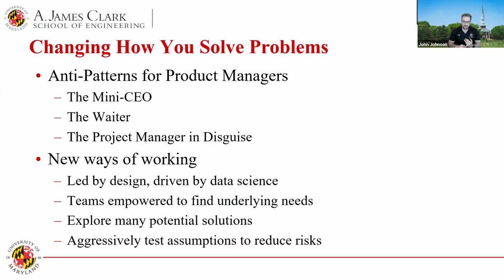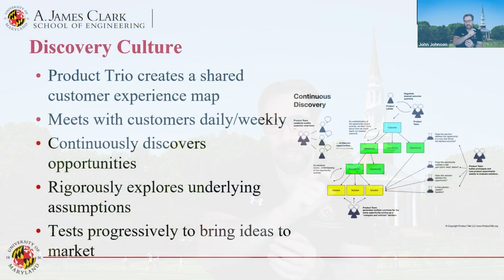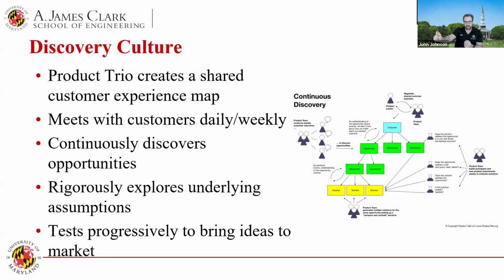And here we're really going to be leveraging heavily design and data science, as well as looking at underlying needs and how we can potentially aggressively test underlying assumptions. So, in developing a true discovery culture, the product trio is going to work together to create a shared experience map for your customer.